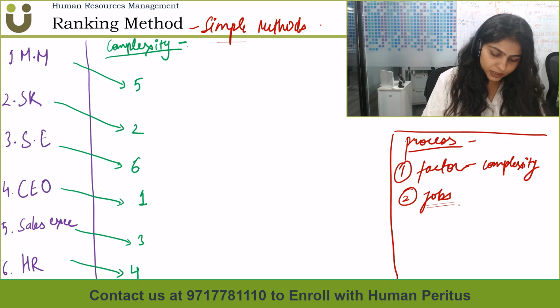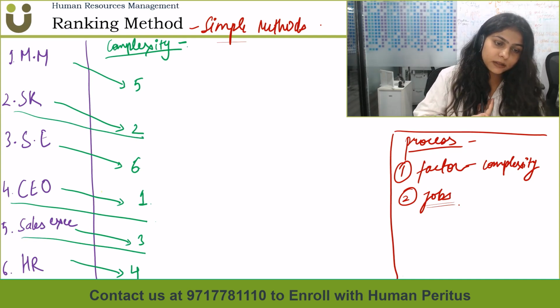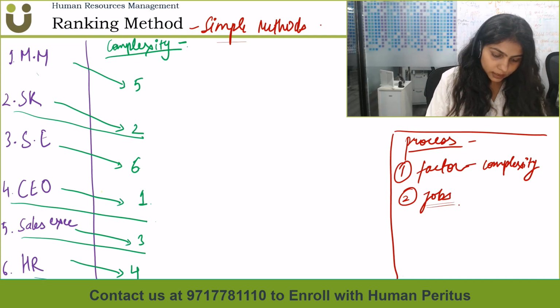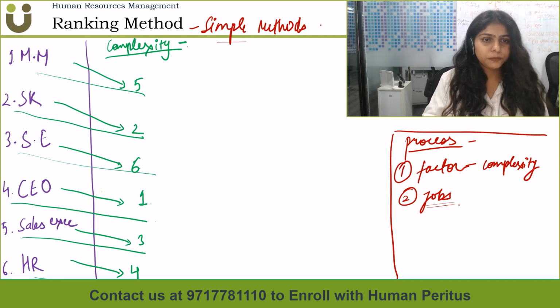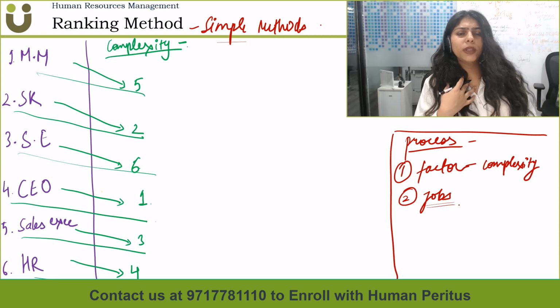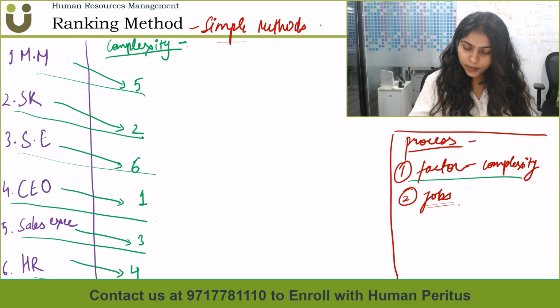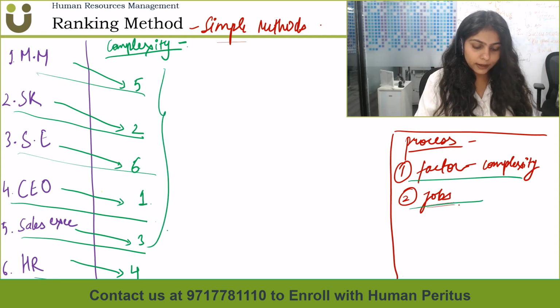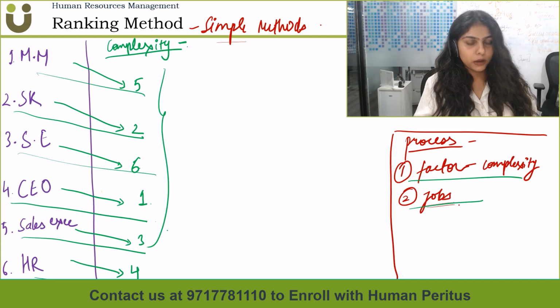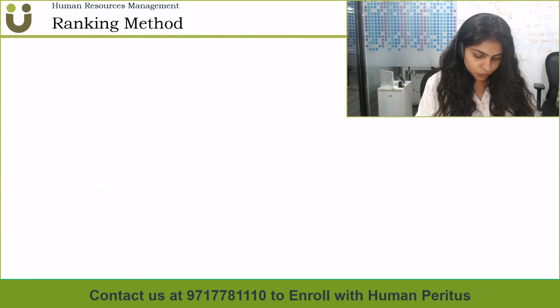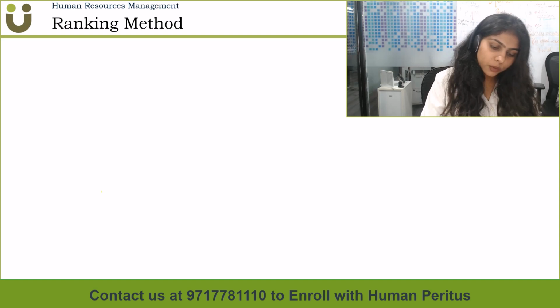So I think the CEO has the most difficult job, then the storekeeper. These ranks are randomly assigned by me, but that is how you do it. Sales executive third, HR fourth, marketing manager fifth, and lastly the software engineer. That is the most basic method. You select a factor, you select jobs, and then you rank them on the basis of this factor.